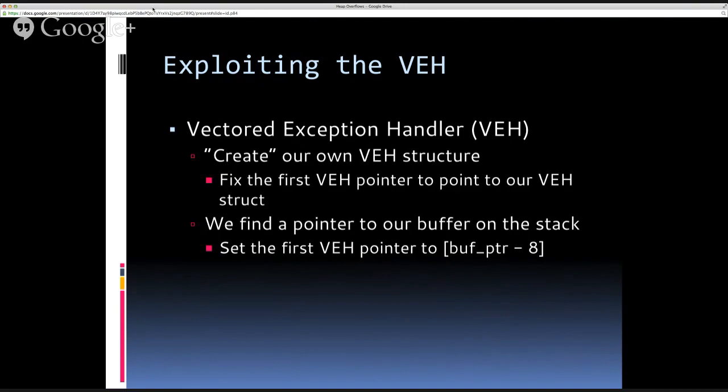So to do this exploit, the idea is that we want to create our own handling structure, and then fix that first VEH pointer, the one that's hard-coded, to point to our struct. Okay, and then we'll find a pointer to our buffer on the stack, and then set the first pointer to be that buffer pointer minus 8, right? And that will get us to call the handler.